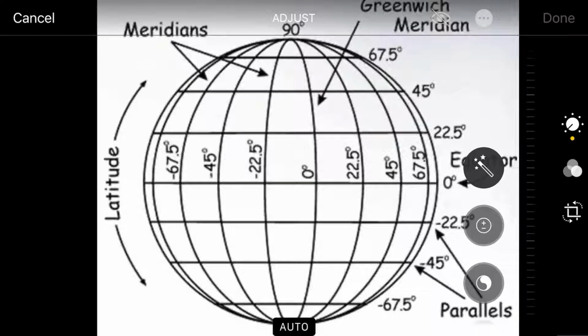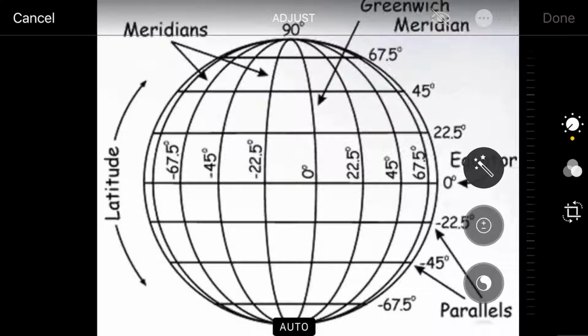The eastern side is called the eastern hemisphere and the western side is called the western hemisphere. The latitude divides the earth into two halves, the northern hemisphere and southern hemisphere, and the longitude divides the earth into two halves, the eastern hemisphere and western hemisphere.